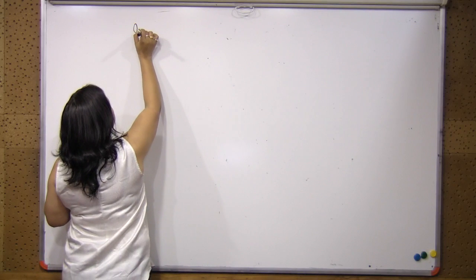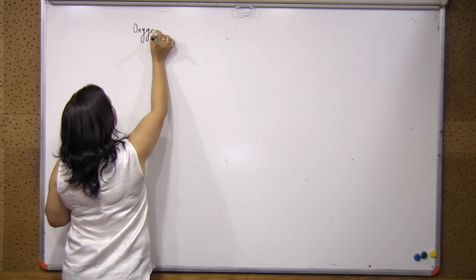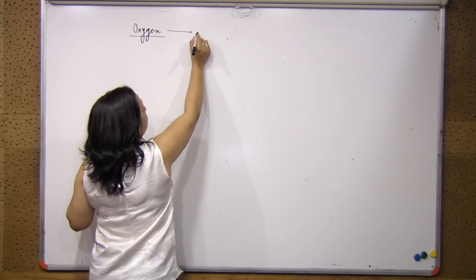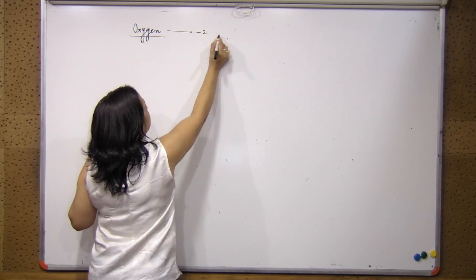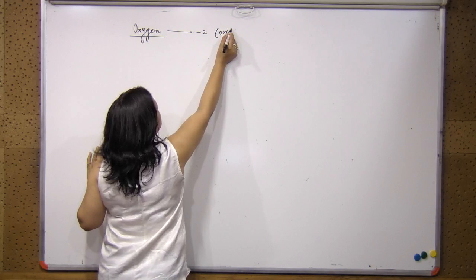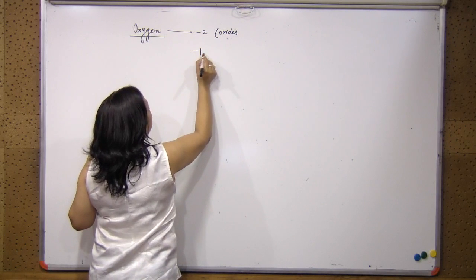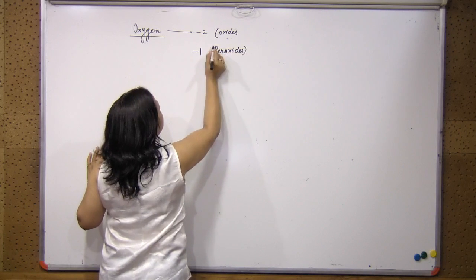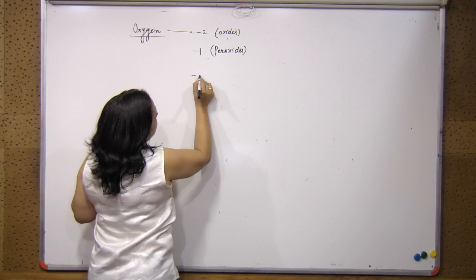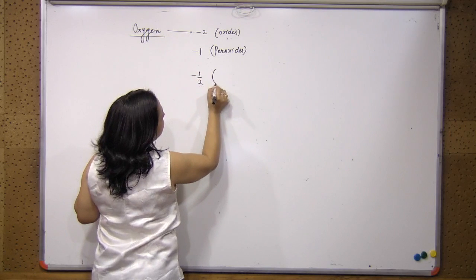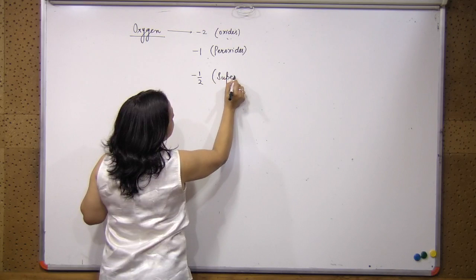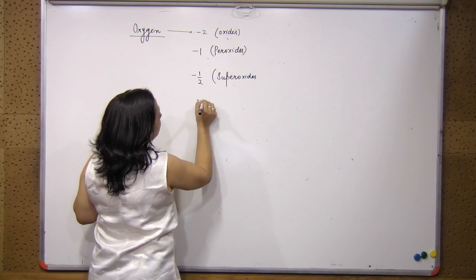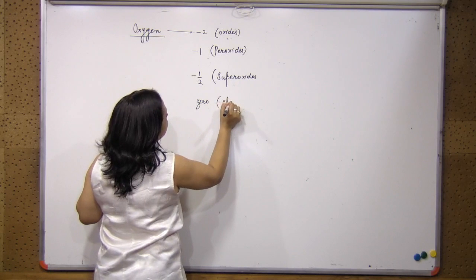When it is about oxygen, oxygen can show -2, that means oxides; -1, peroxides; -0.5, superoxides; 0, elementary state.